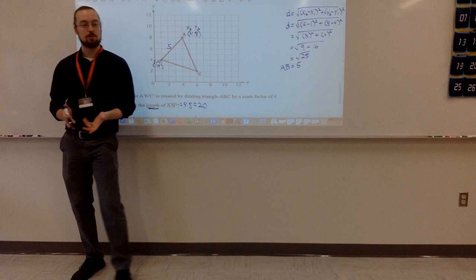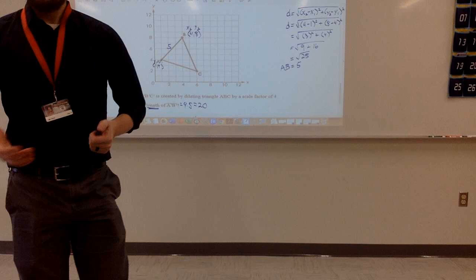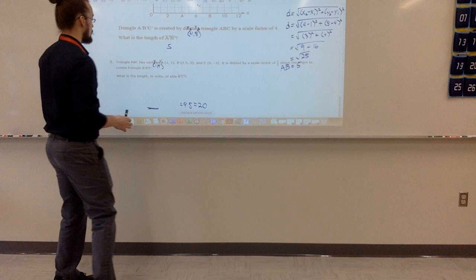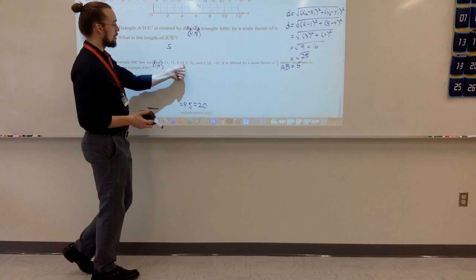So then the last one on here, number 5, is the same exact type of problem. They just don't give us a graph. They just give us the coordinate points. Okay. So they give us A is at 1, 1, B is at 2.5, 3, and then C is at 0, negative 3.